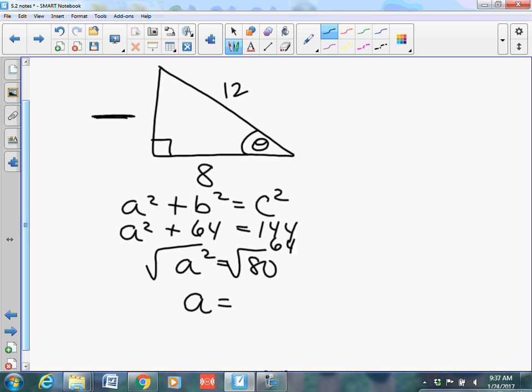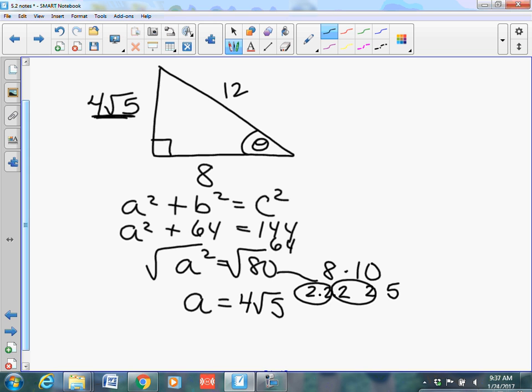A equals, isn't this made up of 8 times 10? Isn't this made up of 2 and 5? Take out a 2, take out another 2. Square root of 80 is the same thing as 4 square root of 5. That goes right here.